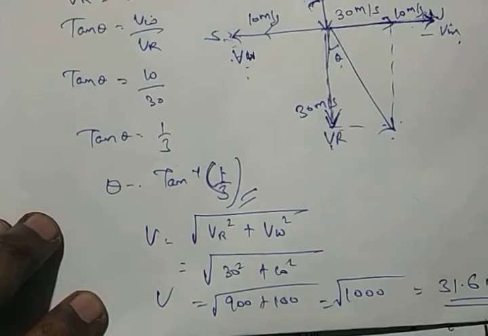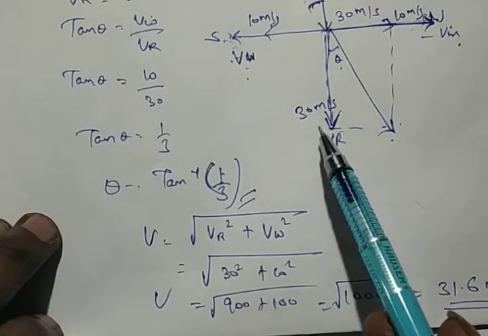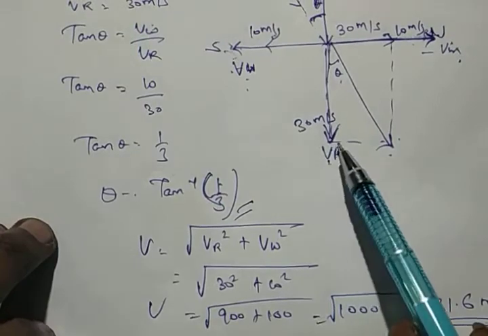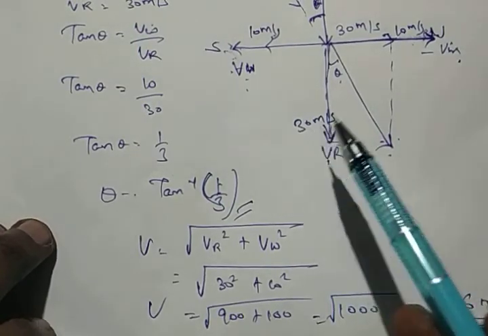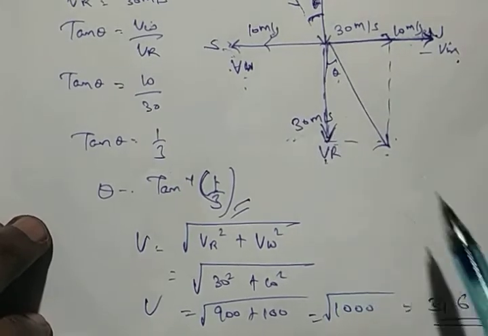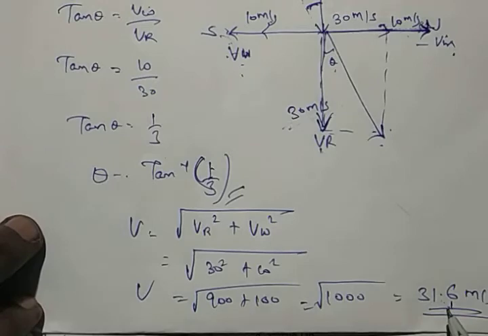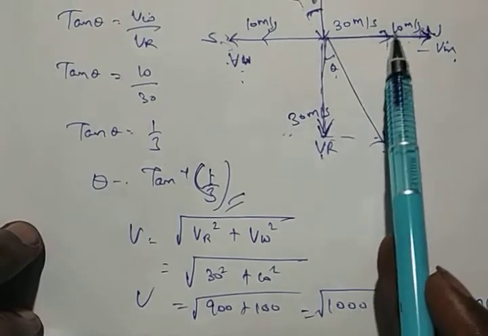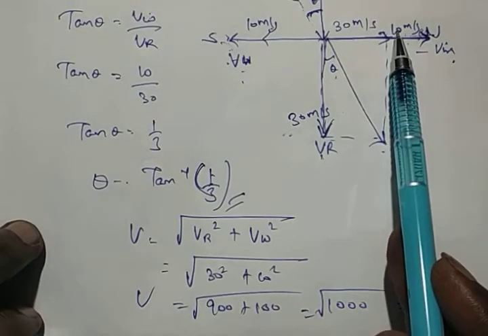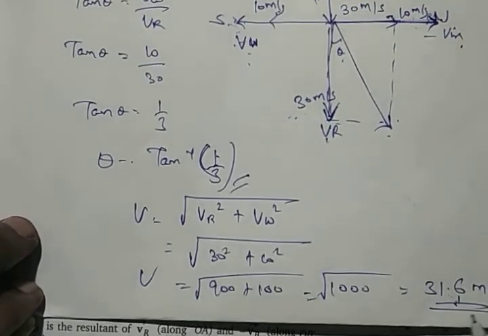Hitting will be more because you are already traveling. That's the reason whenever you are traveling at a higher speed, you feel the rain is hitting you so much more. Rain is actually coming at 30 only, but look at the way it is hitting here. It is 31.6. Even though she is going at only 10 meters per second, if you go at a higher speed, the more the speed you take, the heavier the rain will be for you.